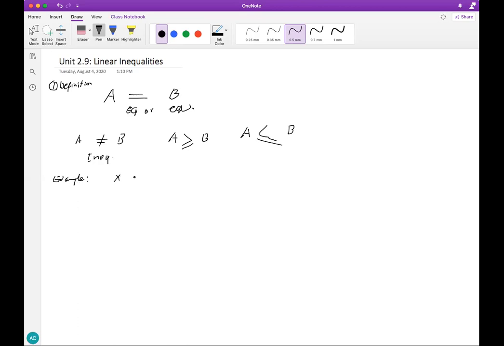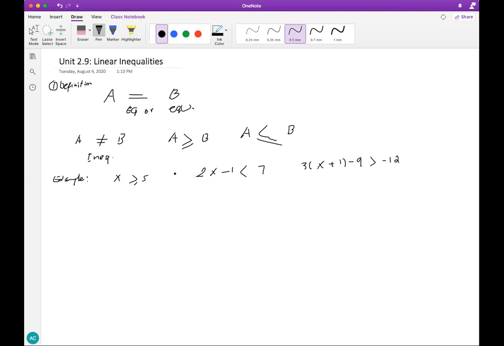For example, x greater than or equal to 5, or 2x minus 1 less than 7, or maybe even something like this. Okay, so all these are inequalities.